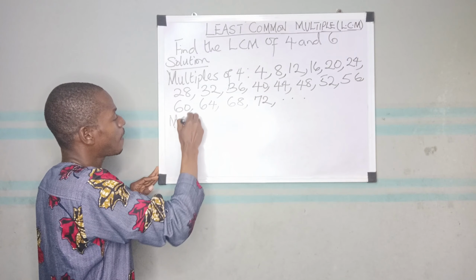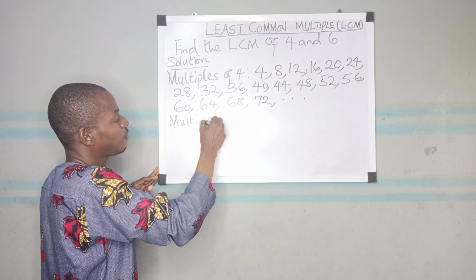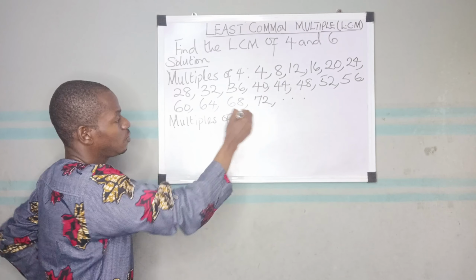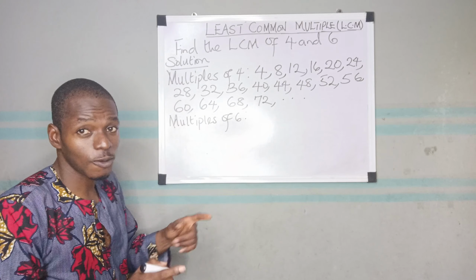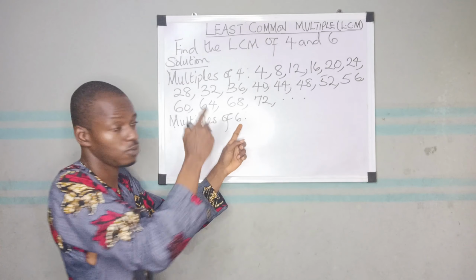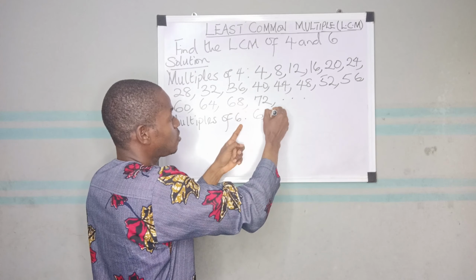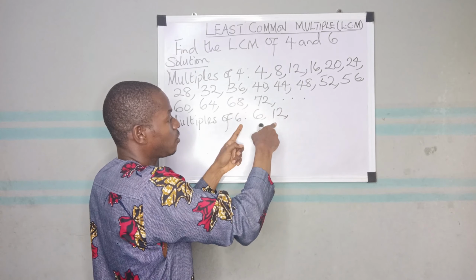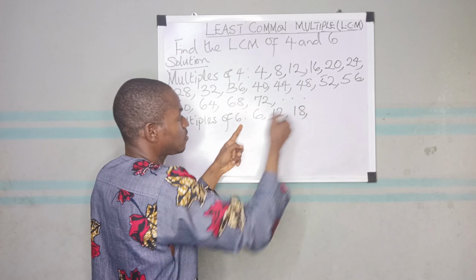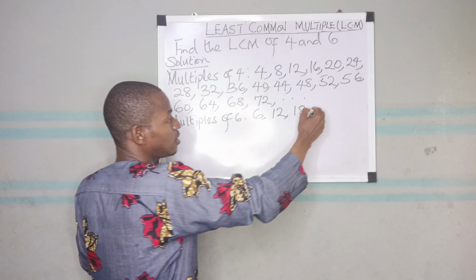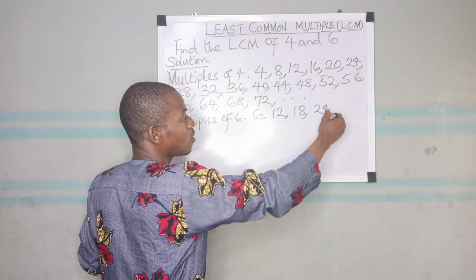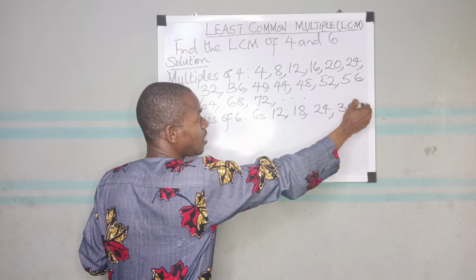Multiples of 6. You said the multiples of a number start from that number. So the number is 6. We are going to start from 6. Let's add 6 to it. 6 plus 6, that's 12. Plus 6, that's 18. The next one, 24. The next one, 30.